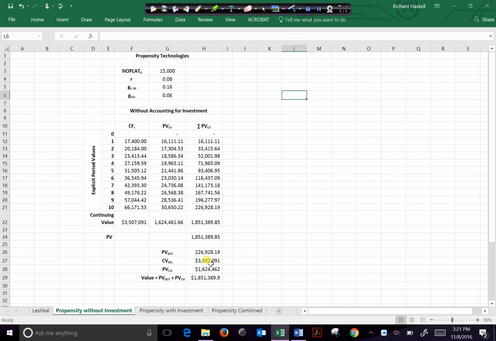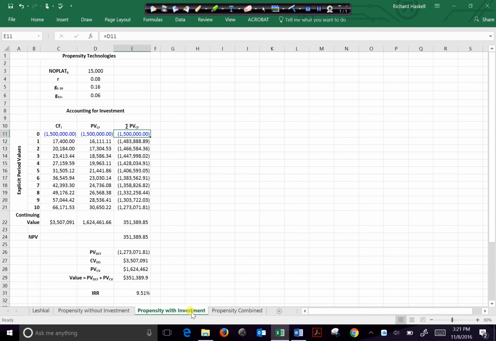Notice here that with this firm, we have a value of $1,851,389 and some change. Well, if you subtracted $1,500,000 from that, you'd have $351,389, which, when we include the investment, is exactly what we have. This now is a net present value.